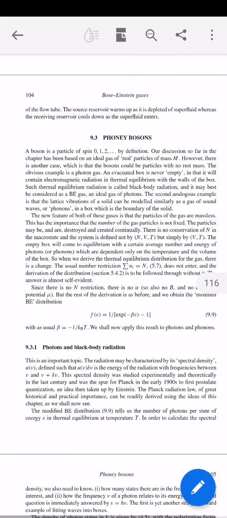Funny bosons. A boson is a particle with spin 0, 1, 2, so integral, like whole integers. Based on no rest mass, like a photon gas.